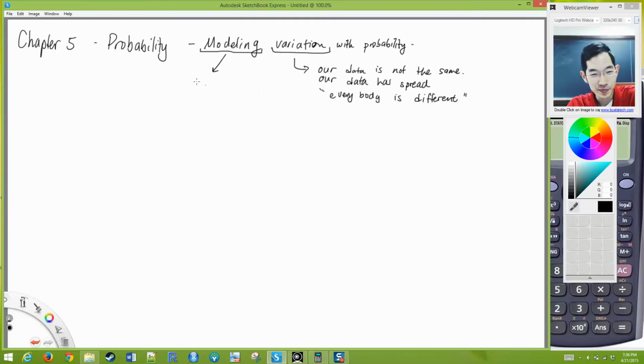And in our case, we're modeling variation. So we are trying to get an understanding of how our data is different, how our data has spread, and without actually having to gather data, we want to create a model, like a toy model.